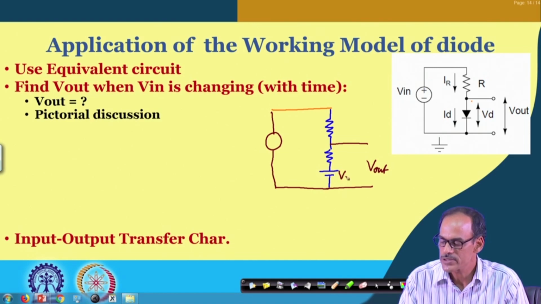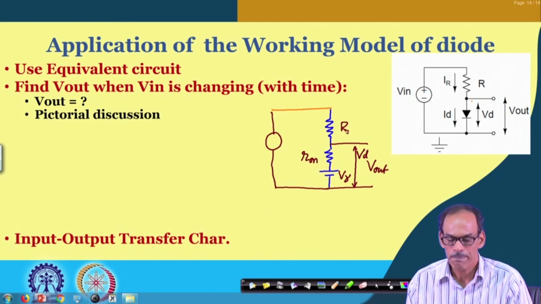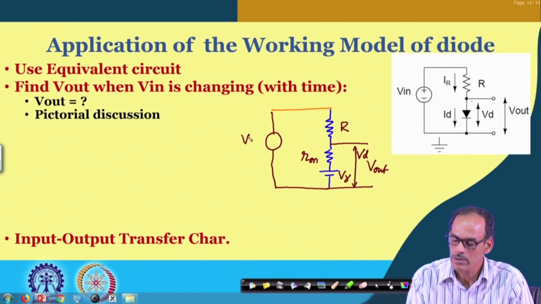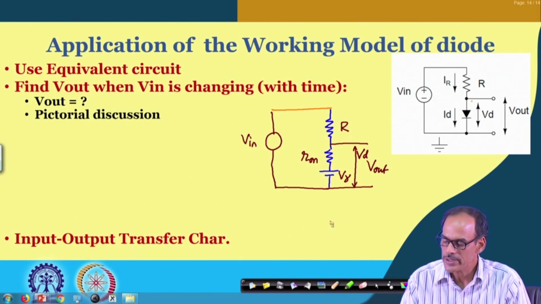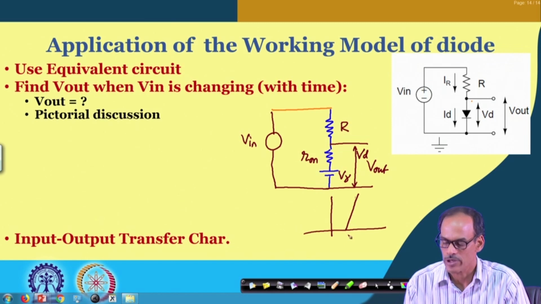In fact, we call this cut-in voltage, the voltage drop across the series connection, namely V gamma, and the drop across this on-resistance R on; together it is nothing but the diode voltage, and this is the R. So, you may say that this part, which is essentially the diode, is getting replaced by a piecewise linear model.